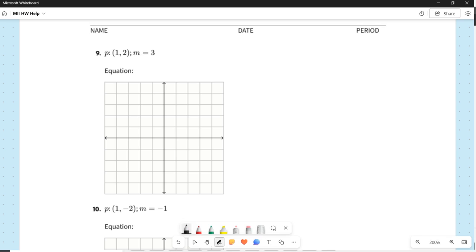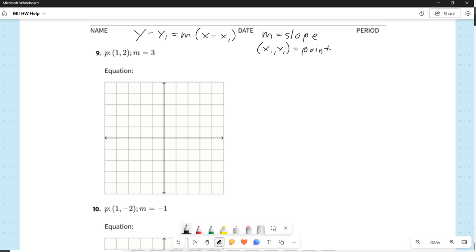As a reminder, point-slope form looks like this: y minus y1 equals m times the quantity x minus x1. M is our slope, as always. And our random point has the coordinates x1, y1. So the x's and the y's that have the subscript of 1, that's the point, the information that we're given.